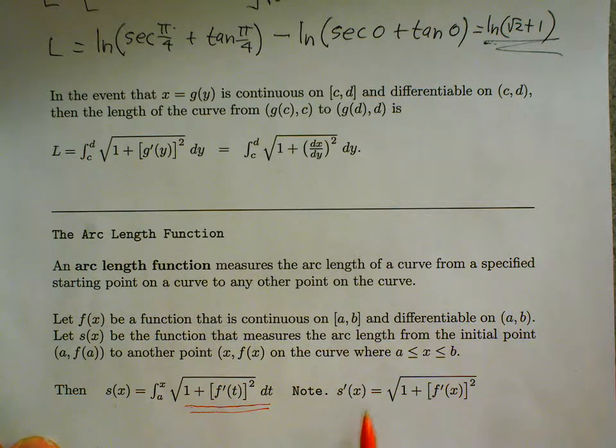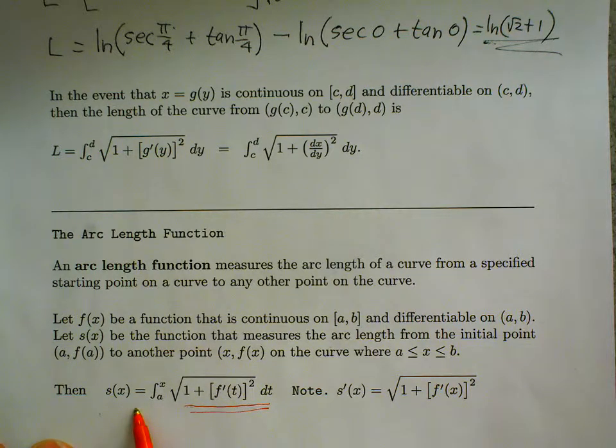And then the fundamental theorem part 1. You might remember from Calculus 1, if you have a function f of x defined as a definite integral from a to x of some function of t, then f prime of x is just the function in the integrand with the variable t replaced with x.